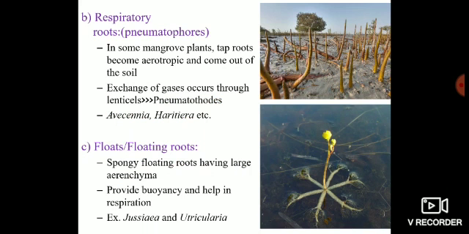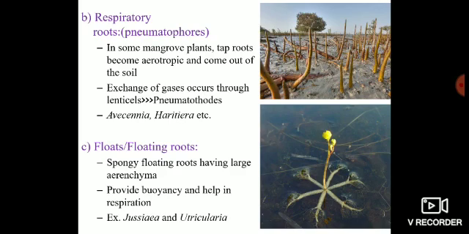Now the next type in this category is respiratory roots or pneumatophores. Respiratory roots are also known as pneumatophores. You have to remember this.